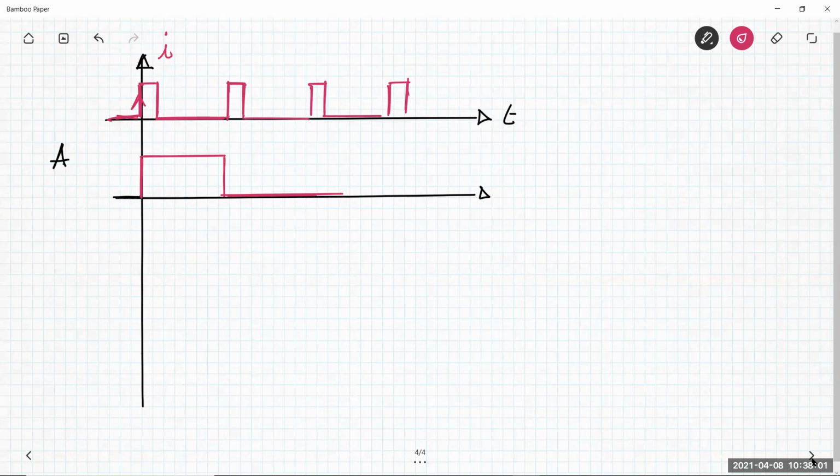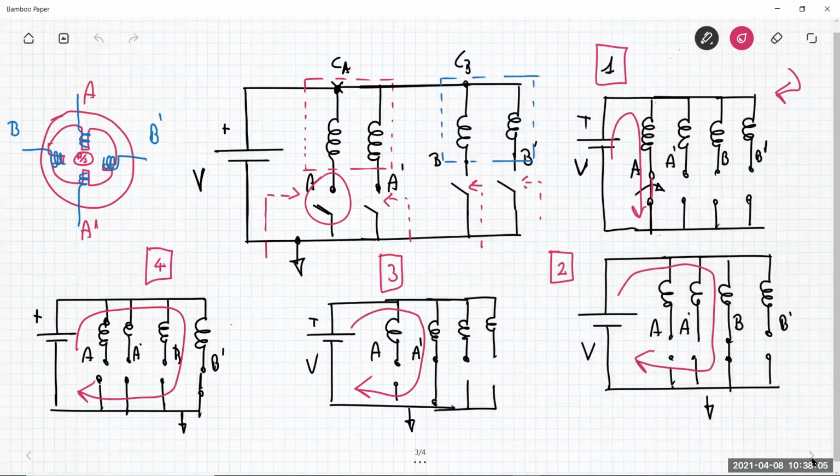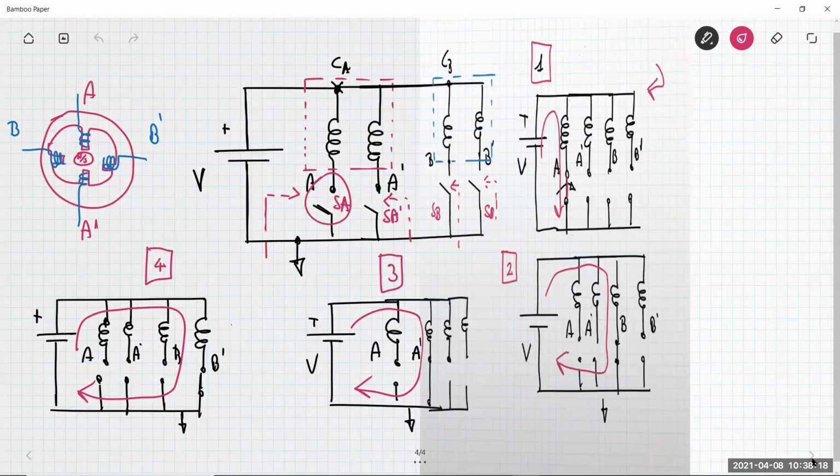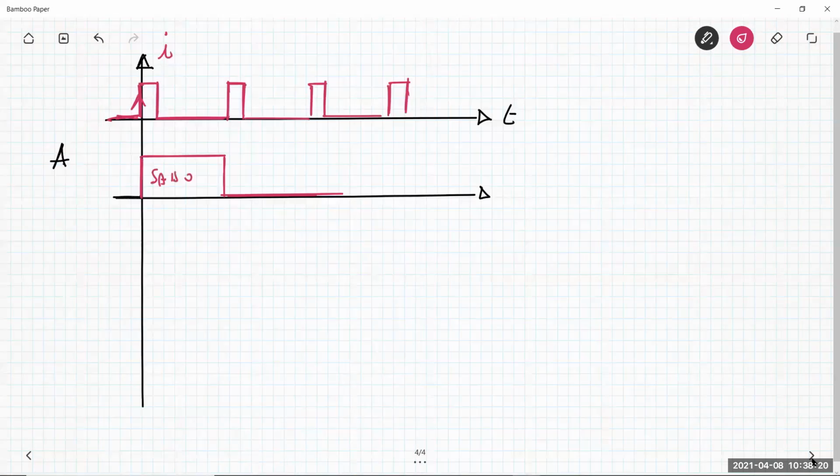Let me put a name for each of the switches: this is SA, SB, SA prime, and this is the switch B prime. Here SA is on, here SA is off.